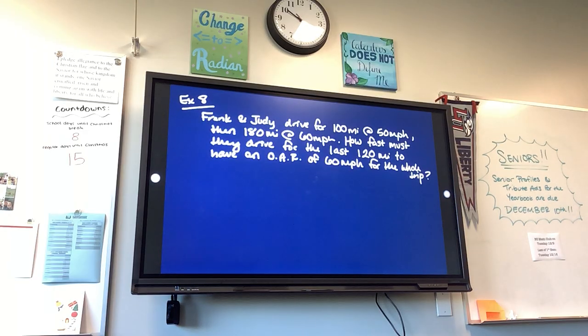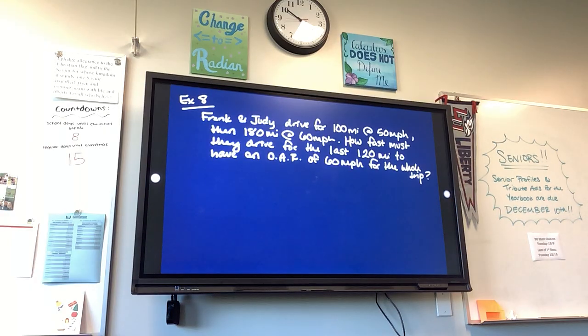The current overall average, 56. So, but they want it to be 60. So in general, what is the prediction? I'm not talking mathematically, I'm talking in real life. What do they need to do? They need to go faster, right?